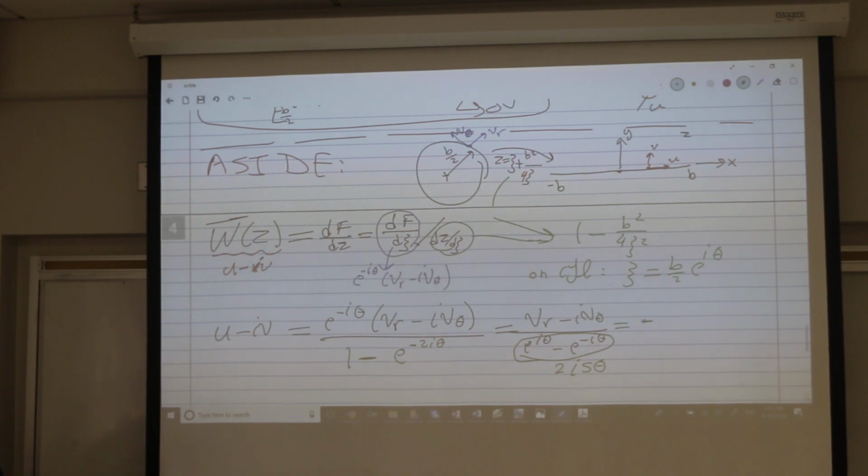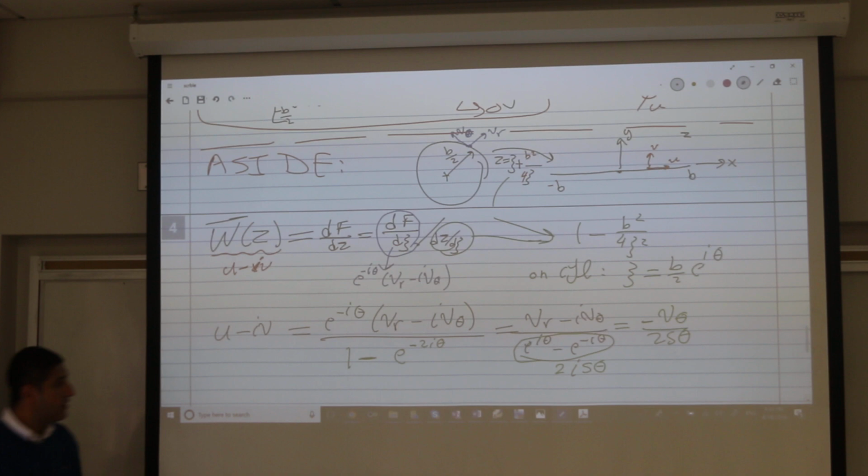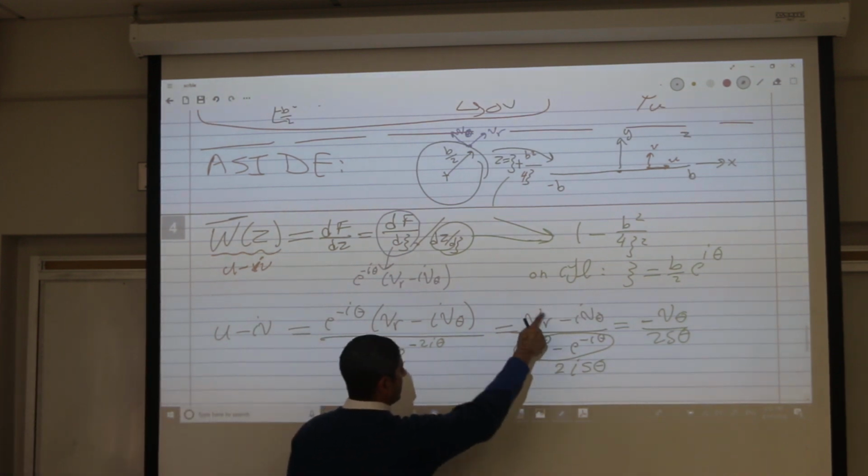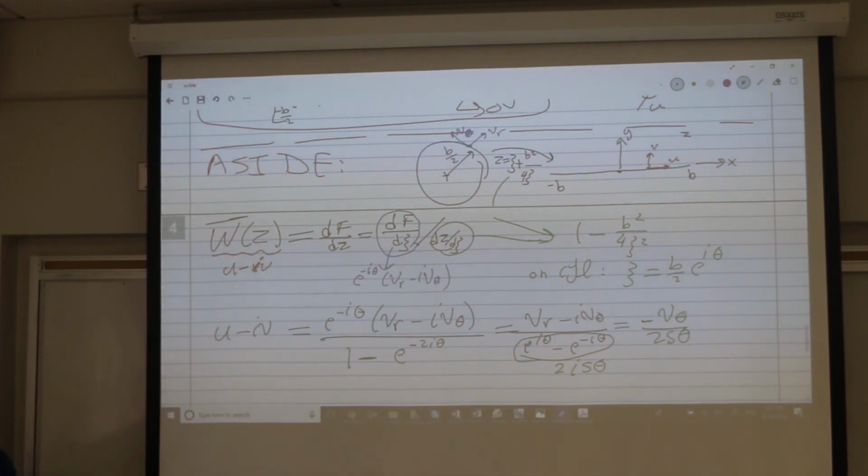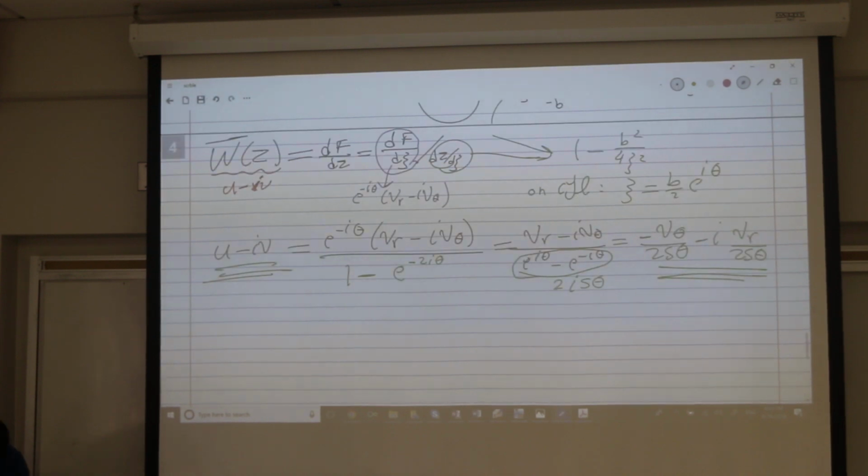So I'll have negative V theta over 2 sine theta. Like I said, the i will go up with negative i here. So negative i V_r over 2 sine theta. And now you can compare. So immediately we get that the u is negative V theta over 2 sine theta. And the v is V_r over 2 sine theta. Okay?